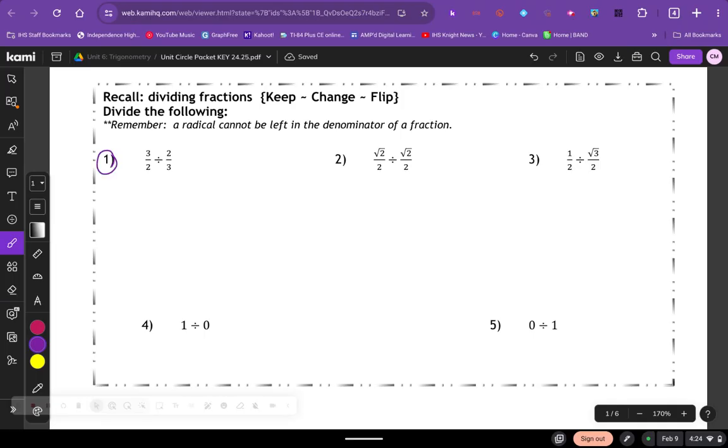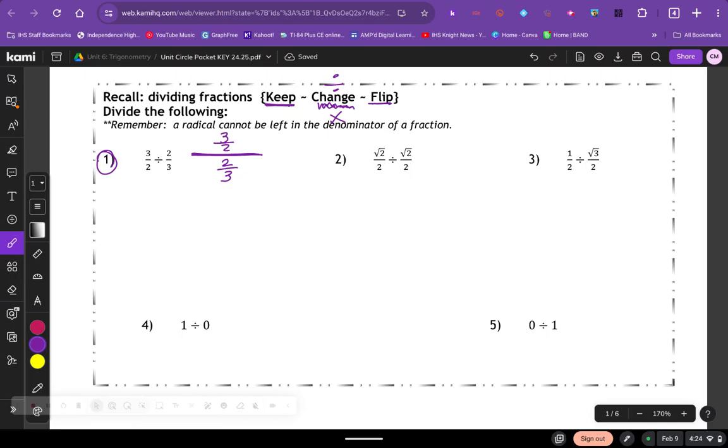This example here is dividing fractions. It says 3/2 divided by 2/3. In order to do division, I keep the first fraction, I change the division to multiplication, and then I flip the second fraction.